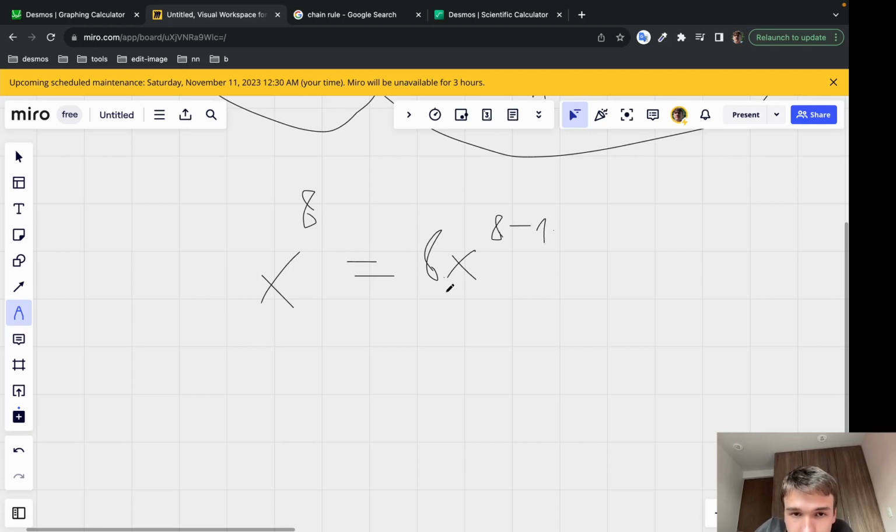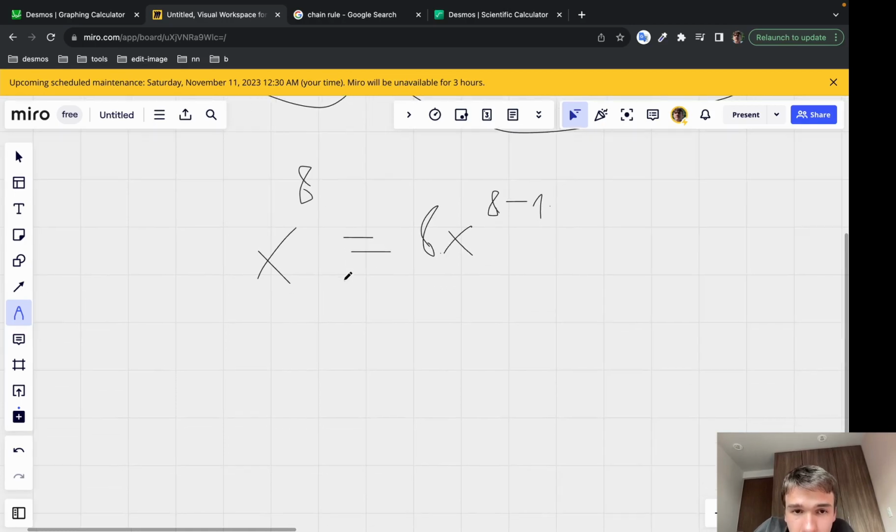This is the derivative of x to the 8th power. And basically, x to the power of u has the derivative u multiplied by x^(u-1). So this is how it works.